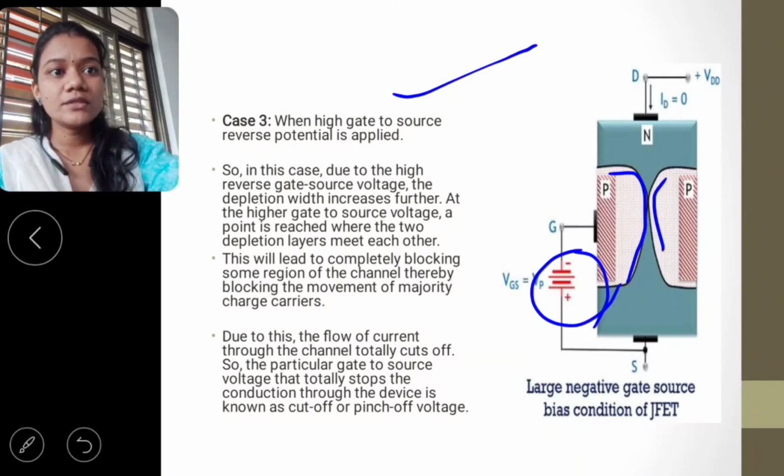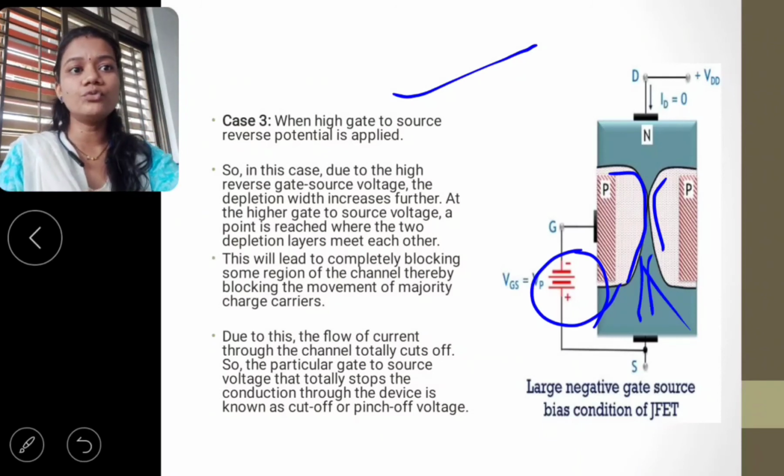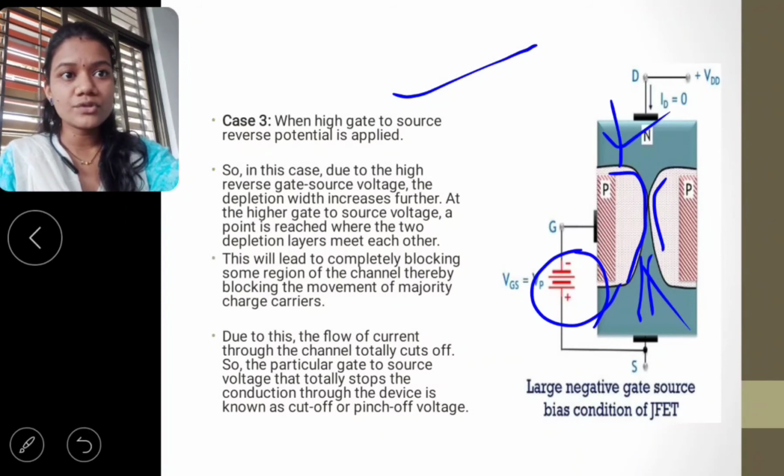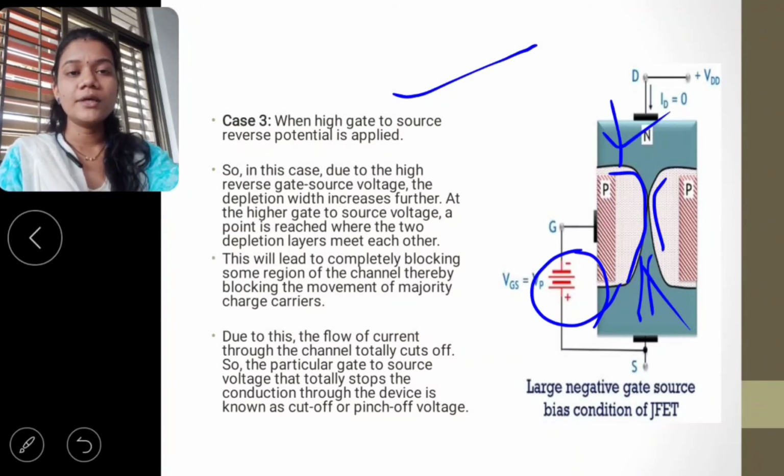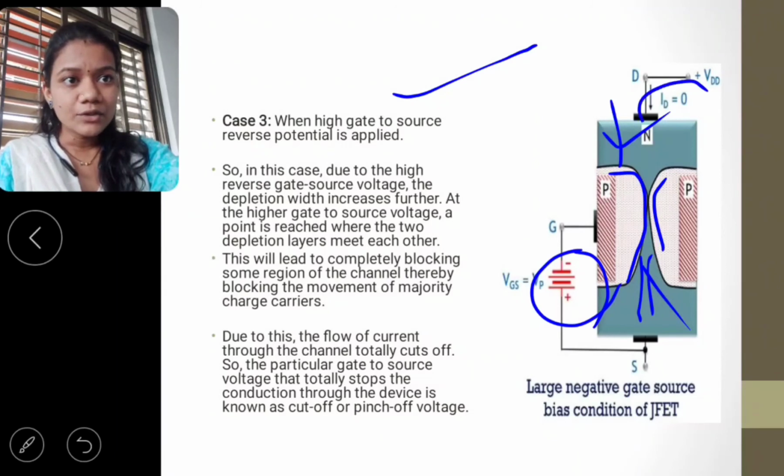So there is no place for electrons to move, and the current flowing from drain to source is completely cut off. Because there is no space for electrons to move, the current is also 0. So we can say that ID is equal to 0.